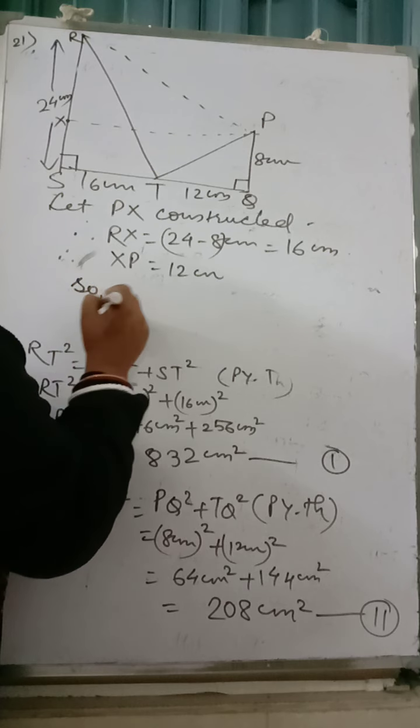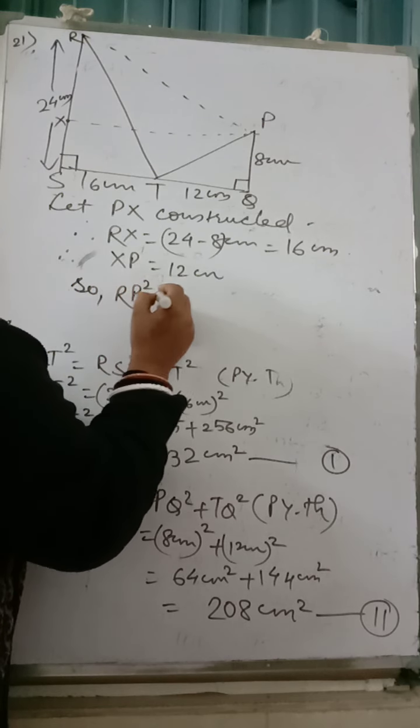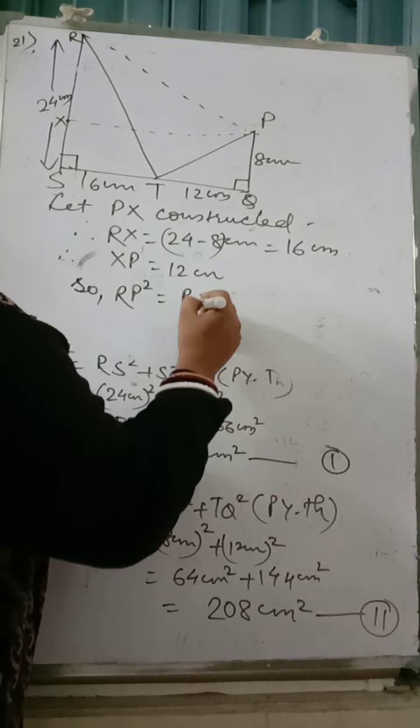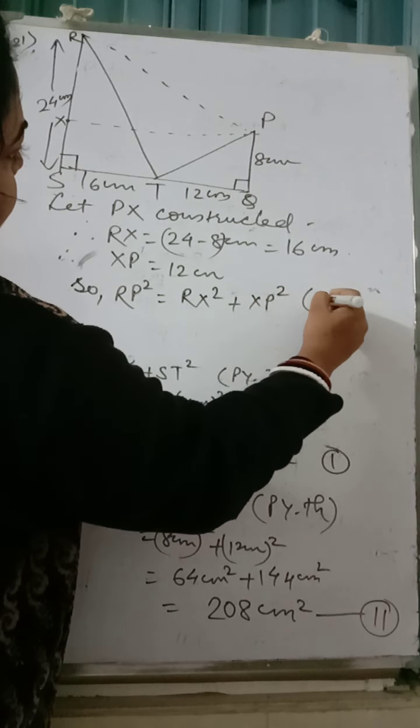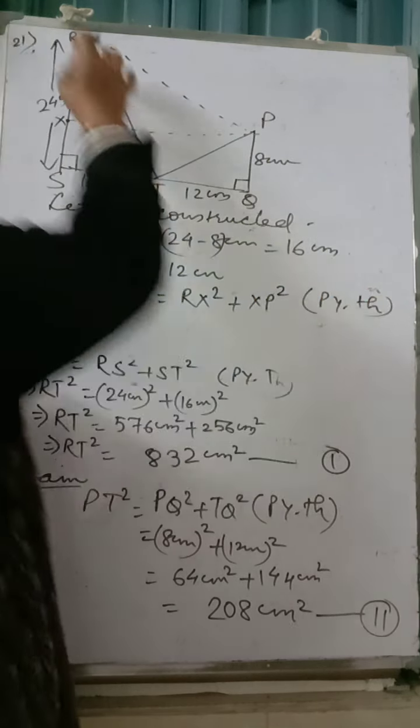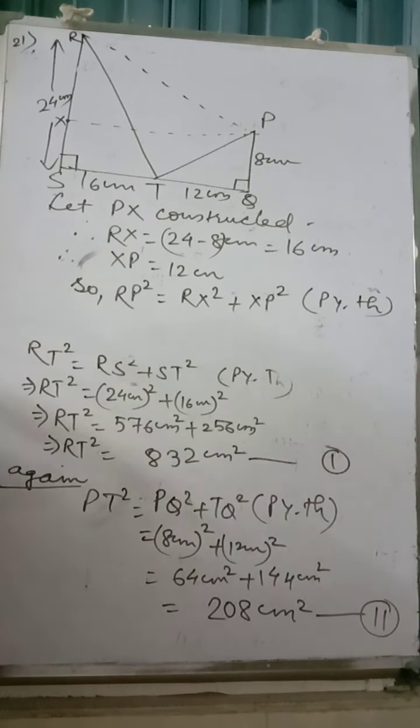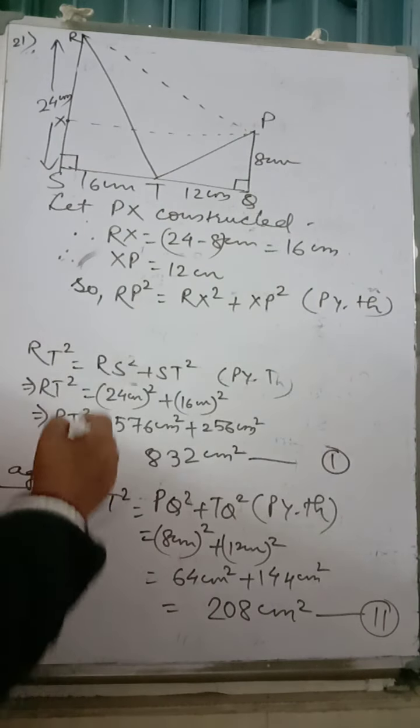So RP square is equal to RX square plus XP square. This is Pythagoras theorem we have learned, the distance between the tops. So we had to join the vertices, then we had to find it.